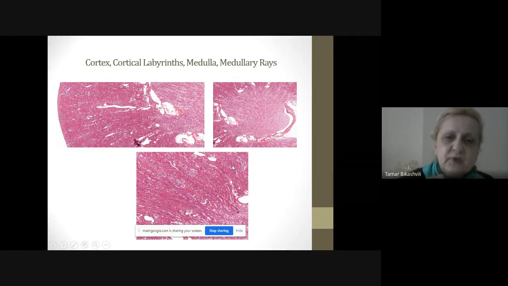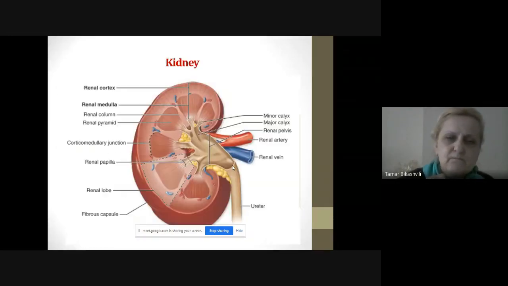So a pyramid with part of the cortex is the renal lobe, and this part forms the renal lobule, a shorter part.